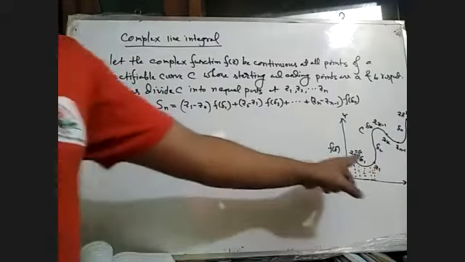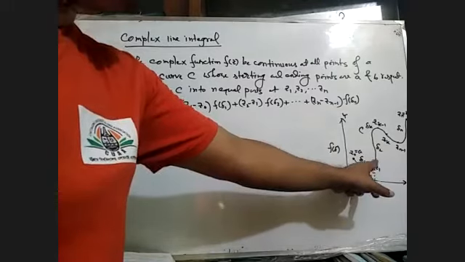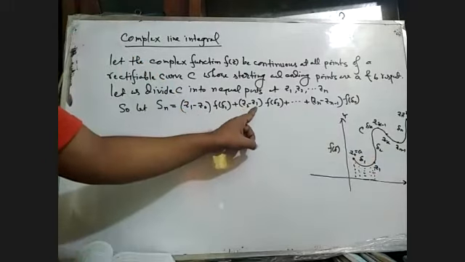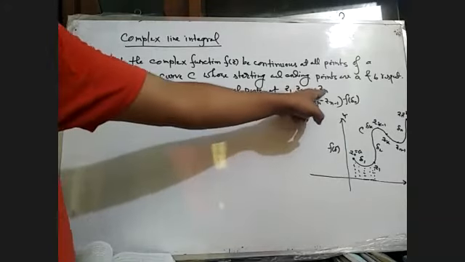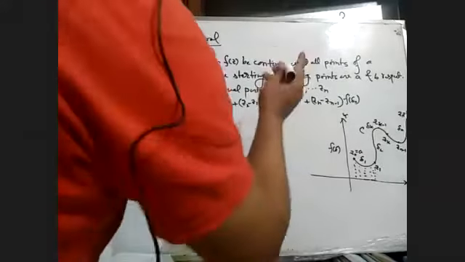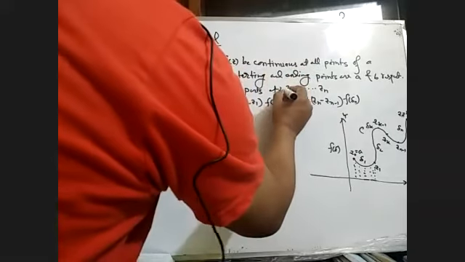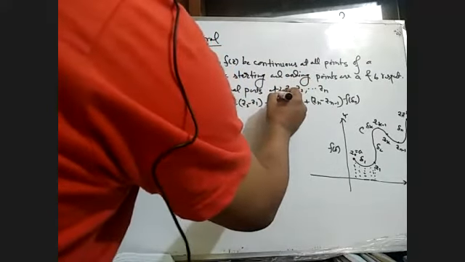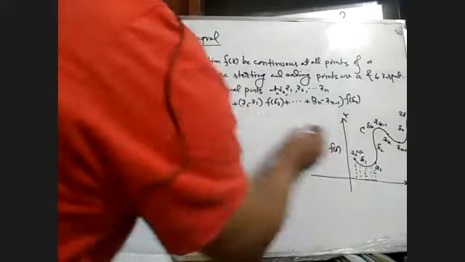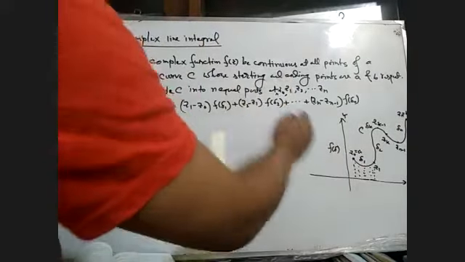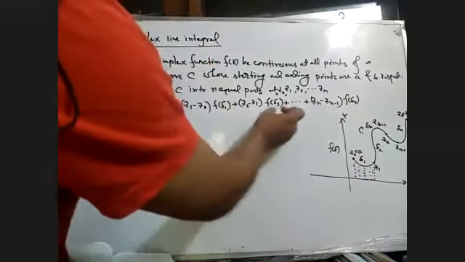Similarly, the second length is Z2 minus Z1, with the corresponding value along the y-axis f of del 2.